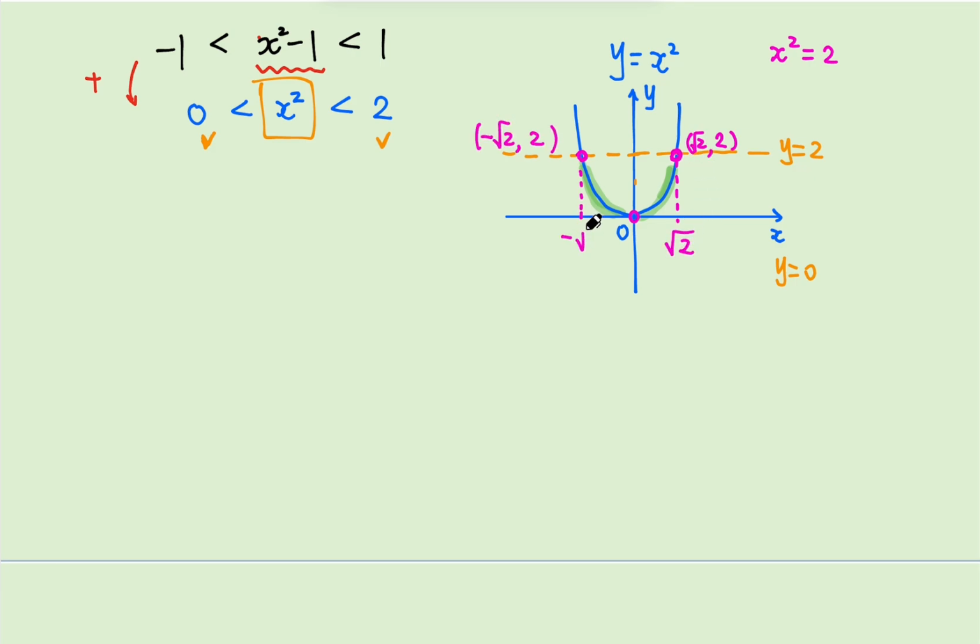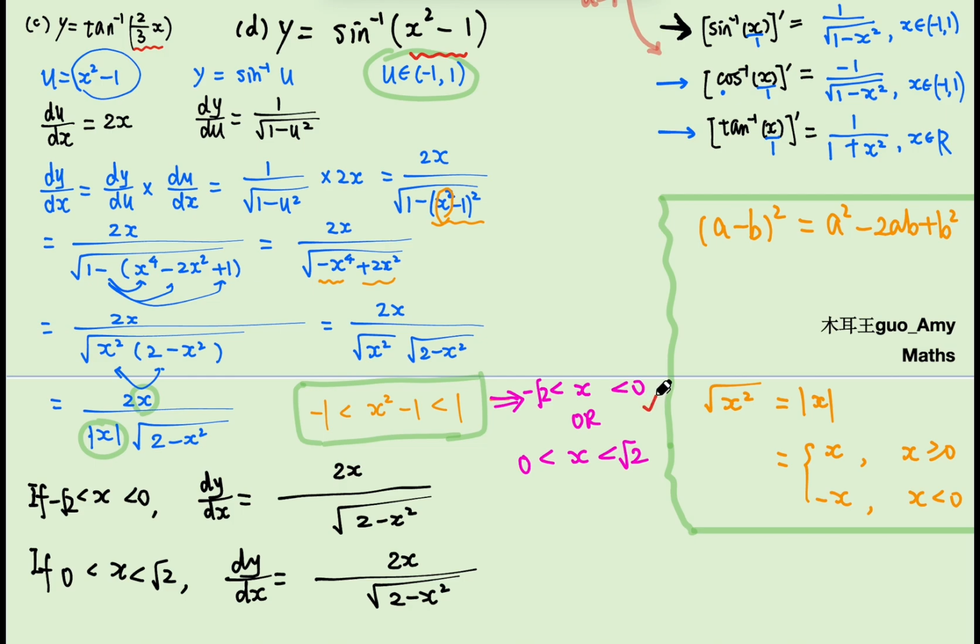For the left point, the corresponding x value is negative root 2. It tells us that for this inequality, x should be between negative root 2 and 0, or x is between 0 and positive root 2, and the endpoints are not included. We record the possible values of x here.